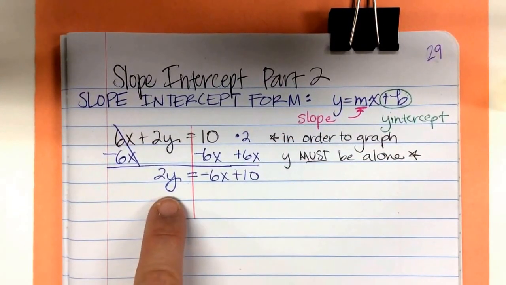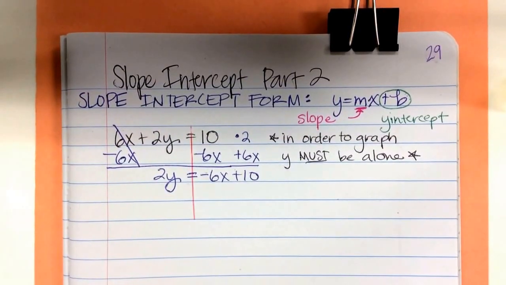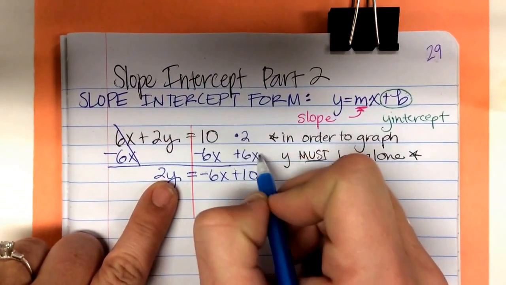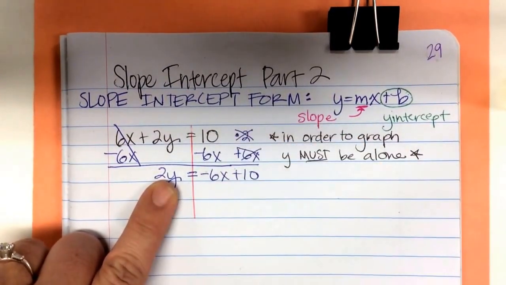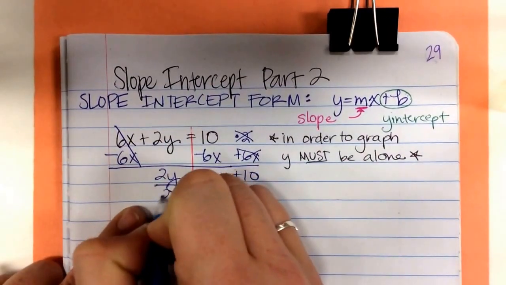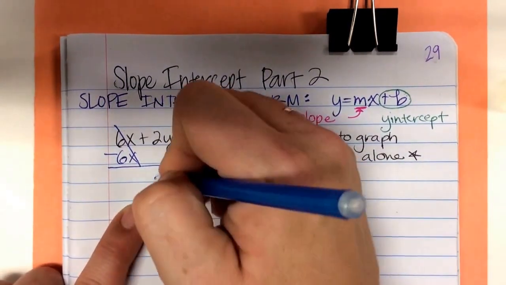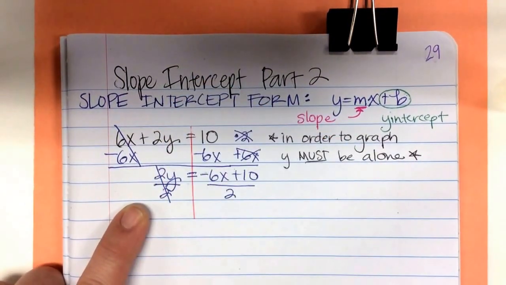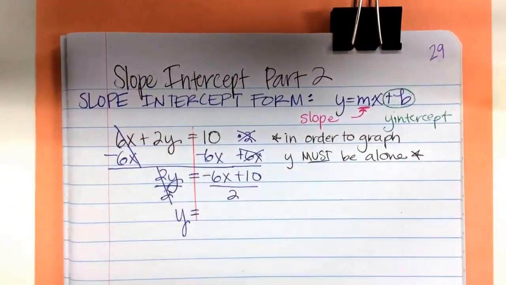Okay, is y alone? No. Can we get it? Yes. What's the opposite of multiplying by 2? Dividing by 2. So y equals, and let's separate it out.